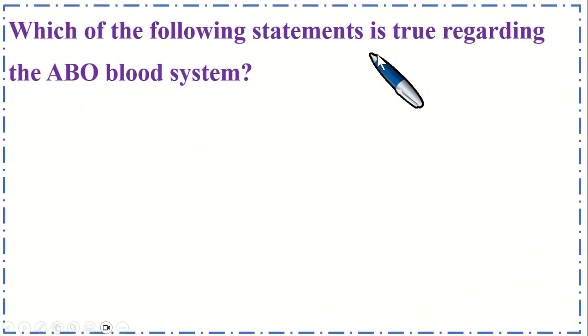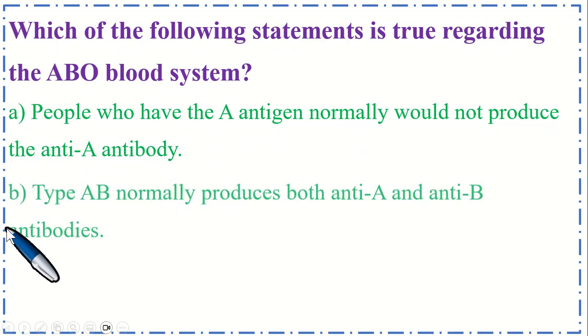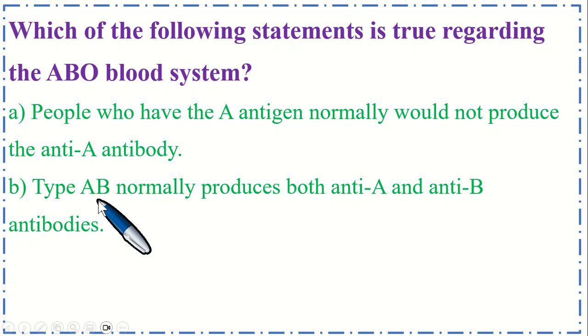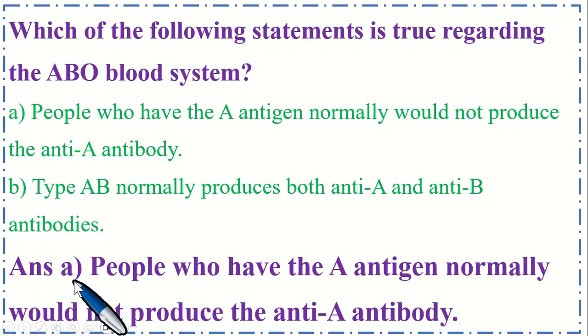Which of the following statements is true regarding the ABO blood system? The first option is A, people who have the A antigen normally would not produce the anti-A antibody. Option B, type AB normally produces both anti-A and anti-B antibodies. So the correct option is A, people who have the A antigen normally would not produce the anti-A antibodies.